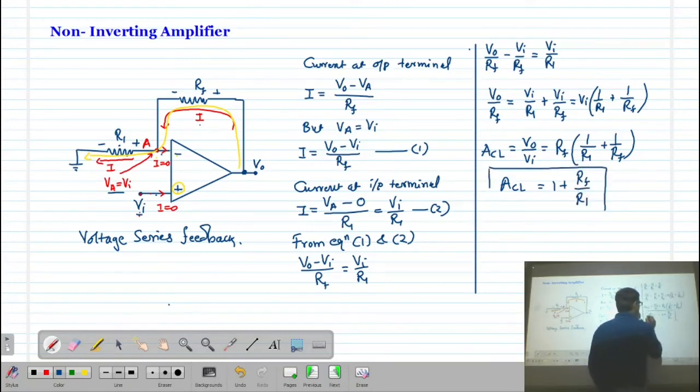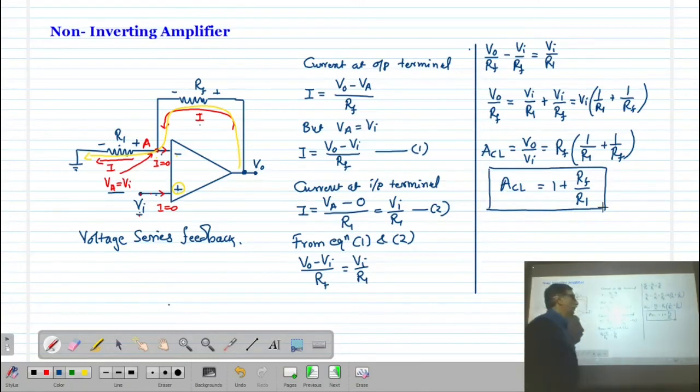This is the expression for the closed loop gain of a non-inverting amplifier.